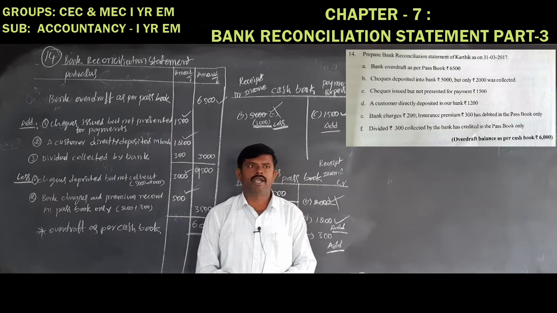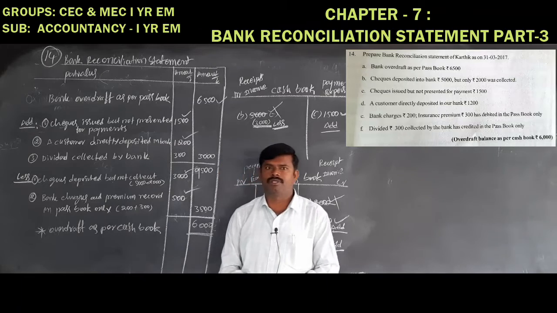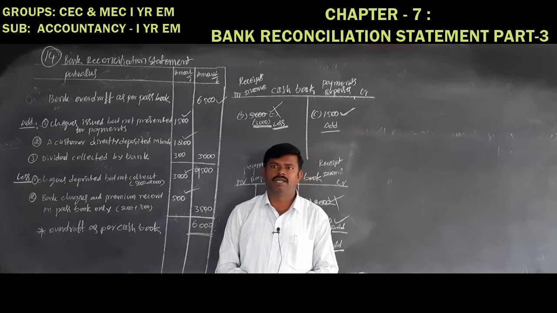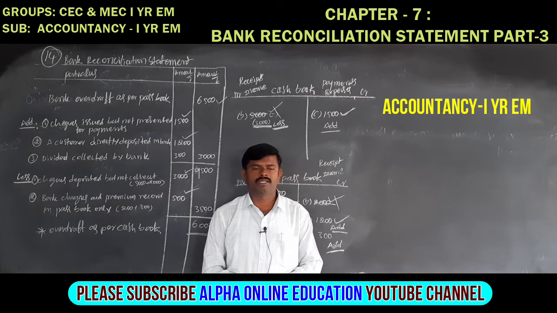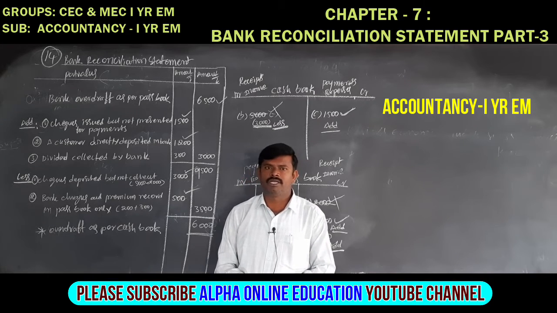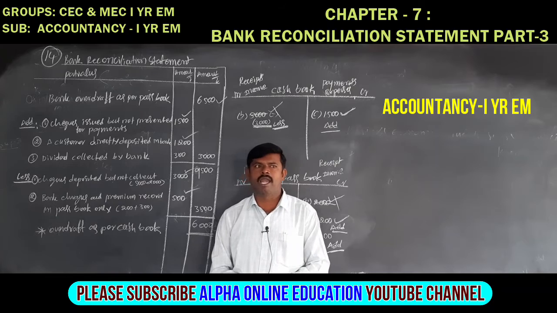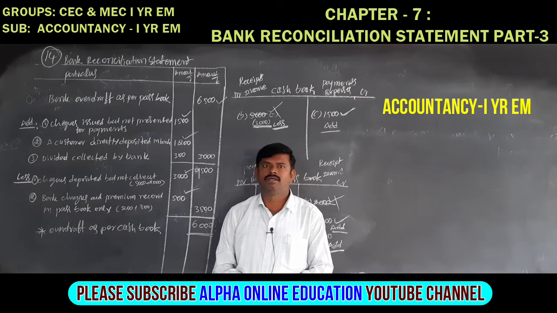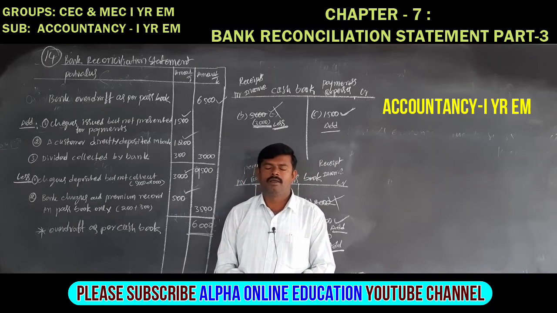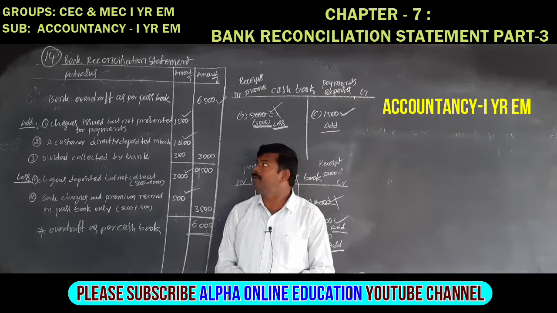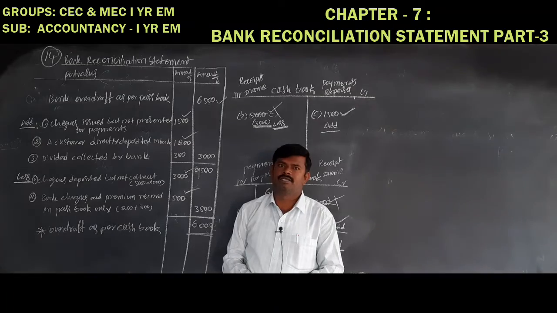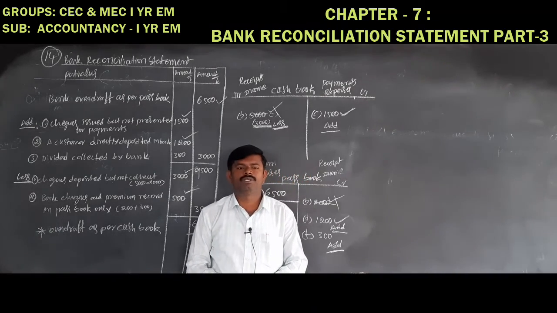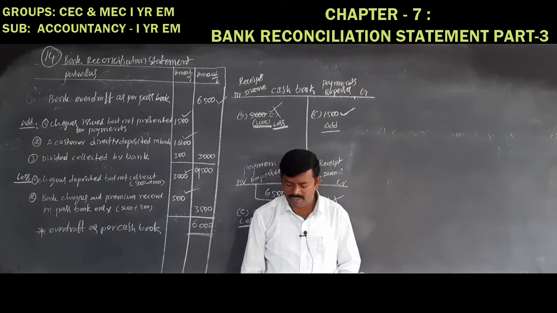First, the starting point amount, the add items amount is added, and then you get the total amount. From the total, the less items amount is deducted, and we get the net balance. Suppose you start with an overdraft balance as per passbook, the result is overdraft as per cash book. This is the way to prepare a bank reconciliation statement.